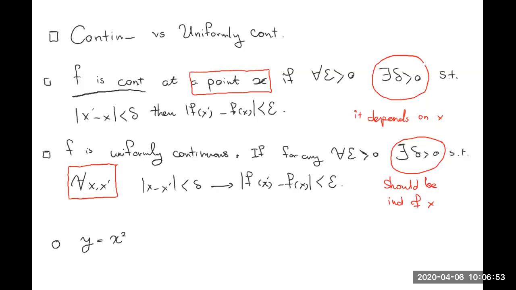What we saw is that, of course, this function is continuous. But is it uniformly continuous or not? What we saw was, if we think about this function, y equals x squared, as a function from R to R, defined everywhere, if you take the domain to be the whole real line, it is not uniformly continuous.